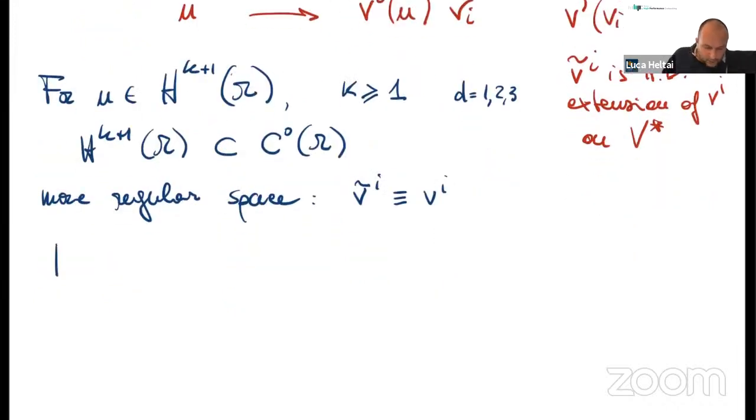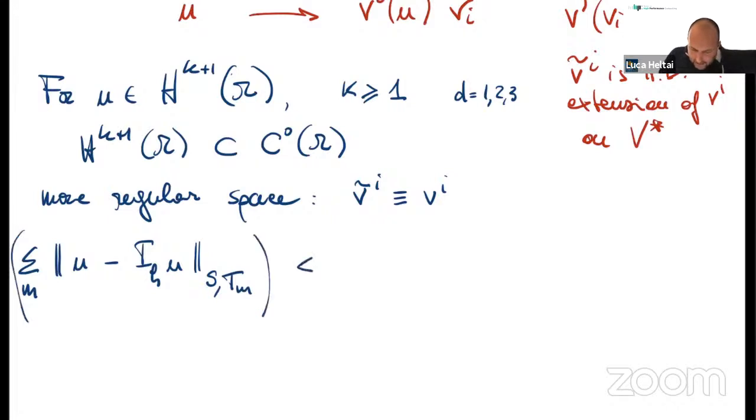And in this particular case, what you know from the theory that we have proven so far is that if you take the interpolation I_h of u, and you take the sum over m of this, with the s norm on the left-hand side, taken over T_m, since I'm using H^k as a space, so if I take the sum over all these guys, what I know is that this is smaller or equal than h to the power k+1-s.